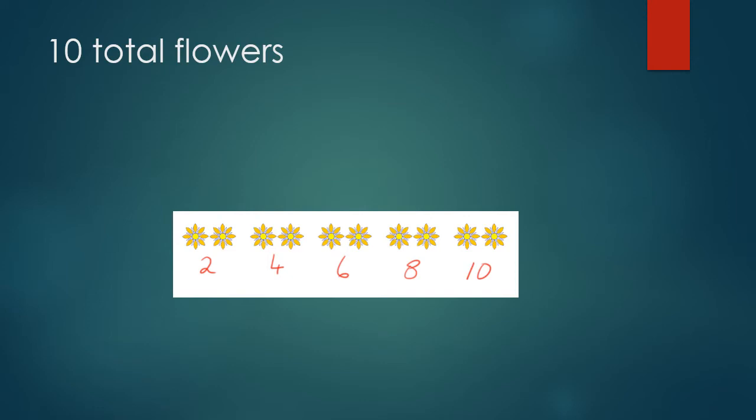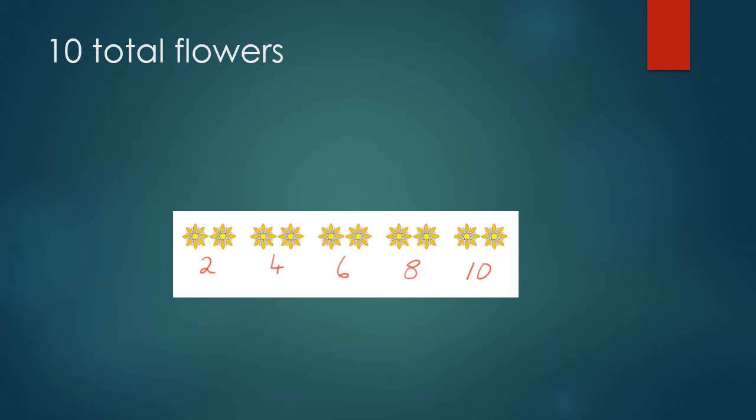So, another way we can do this is to count all the flowers. So, in the first group we have 2, second group now we have 4, and 6, 8, 10 flowers all together. So 10 flowers all together, and do you remember how many groups we have?